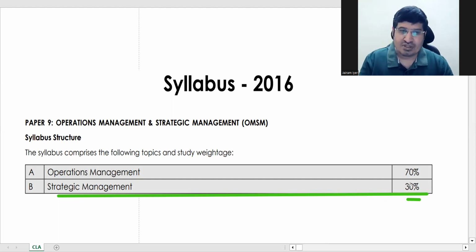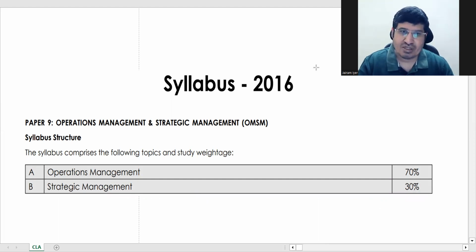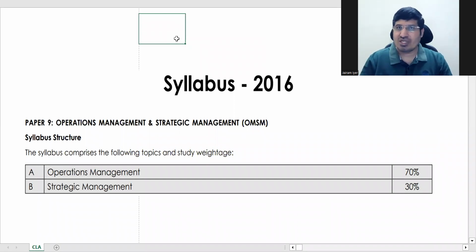So this is a very minor change in the new syllabus, and this lecture can be used for the new syllabus also. We are conducting this lecture based on the old syllabus study material.